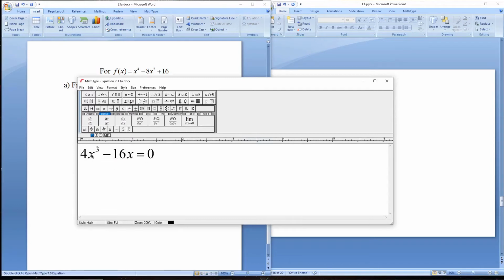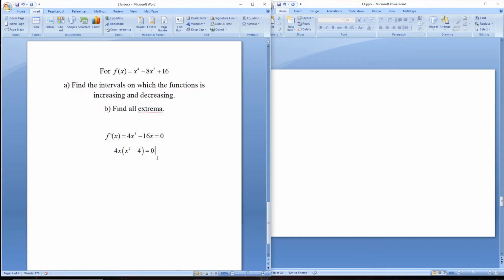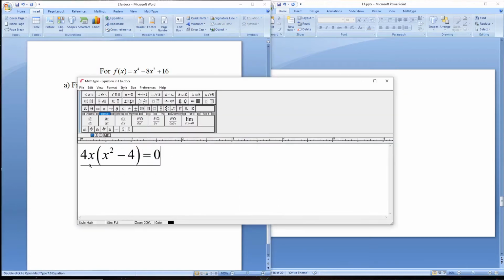So we can factor a 4 and an x out of this. So you can see I factor out a 4x. And then our solutions for this, remember this is the zero product property that we can use here.